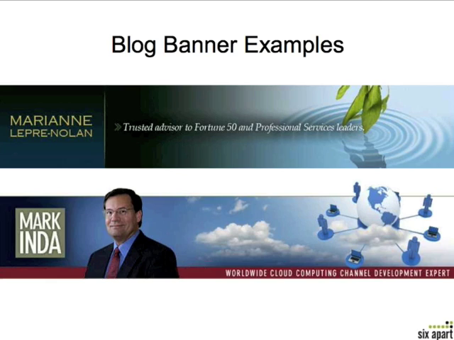Right away, you're looking at two blog banners here that we did for different clients. The first one is for an executive coach, and she works exclusively with professional services leaders and really senior executives in the Fortune 500.